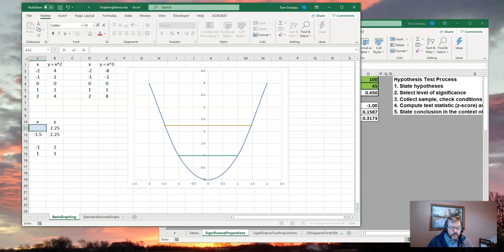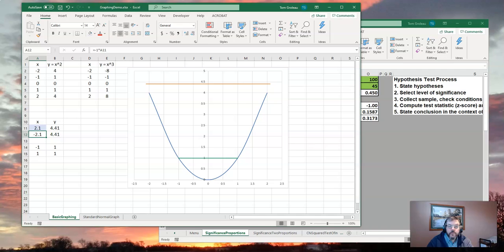Well, let's see, 0.75. Yeah, wherever I want to put it. So I can move that line wherever I want with a dynamic input. I can put all kinds of functions on here.